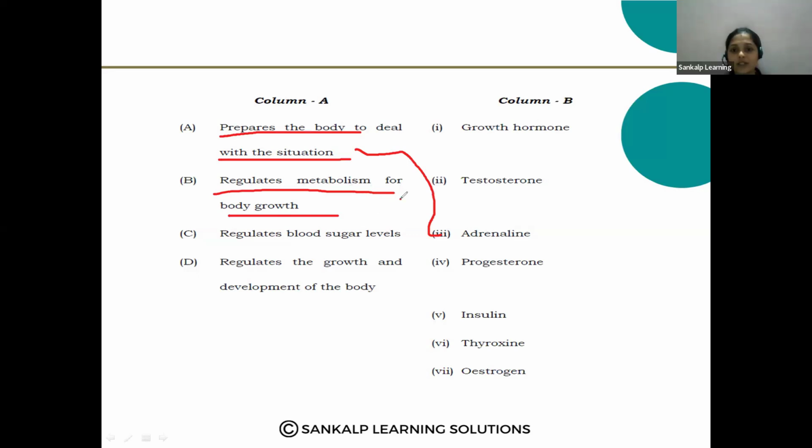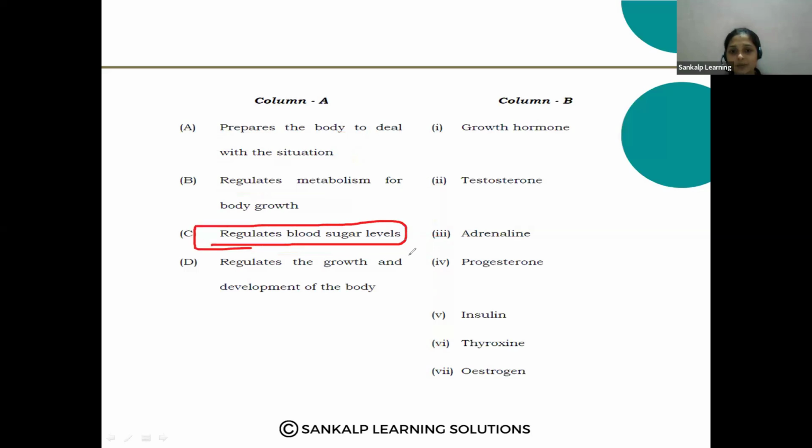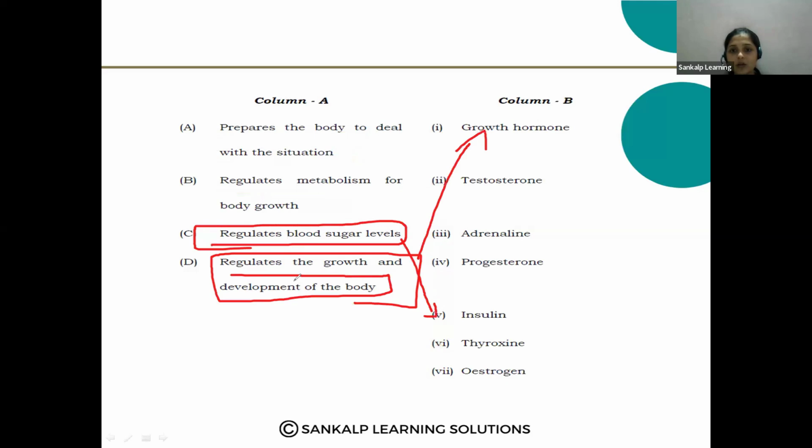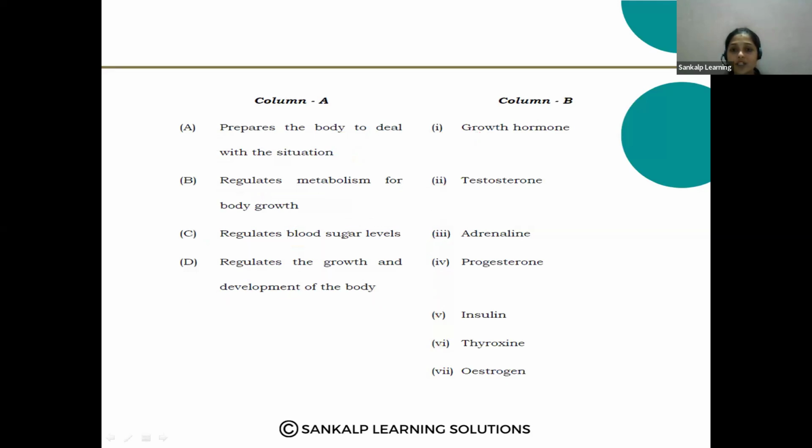Metabolism, as I just told, that is the thyroxine hormone. Blood sugar level, that is maintained by which hormone? Insulin. Regulates the growth and development of the body. So this is the growth hormone. Okay, so hormones and their functions are very important. Note down this.